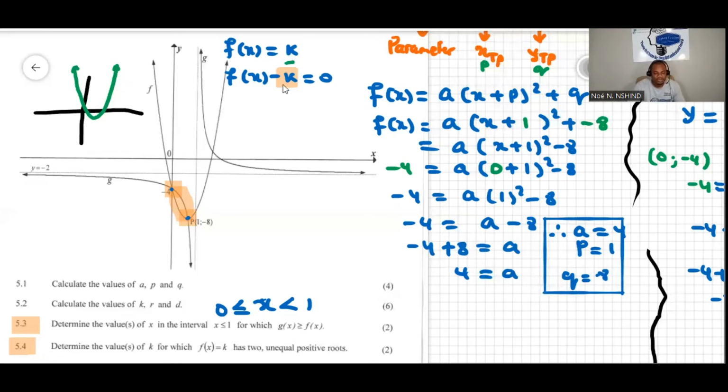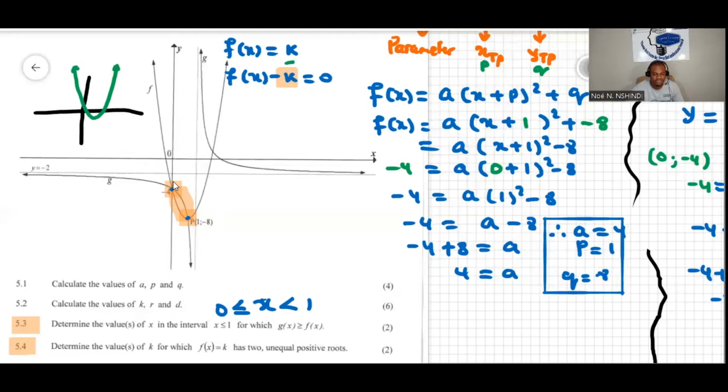So we can see that if it goes up, this y-intercept here will change. It will get to 0 if k has the value of -4. So k must be less than -4.